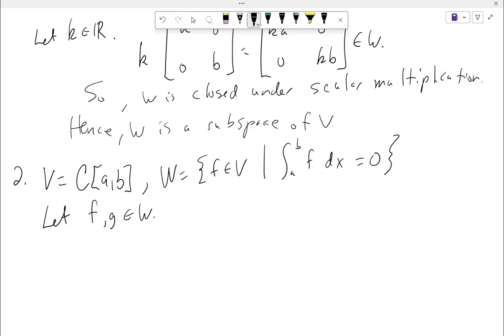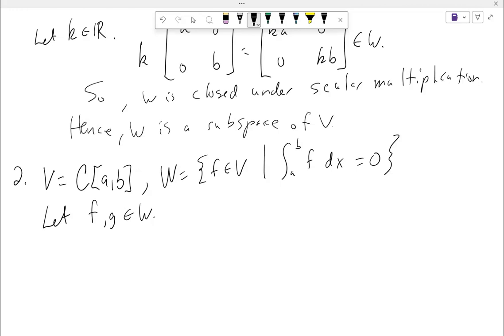So if f plus g is going to be back in W, I need to show that when I integrate f plus g over the interval from A to B, I get 0. Now remember, I know that f and g already are, right? I get to assume that, correct? The closure says that if I start with 2 things in there, then the sum of the 2 things is back in there again, right?